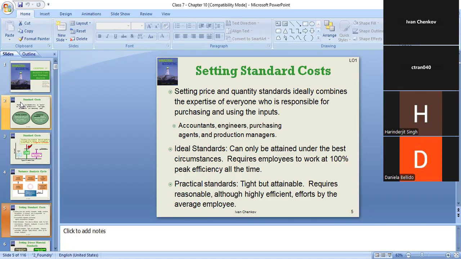Okay. So is it possible for us to work at 100% peak efficiency to achieve the ideal standards? No, clearly not. For me, it depends on the weather. Okay. What kind of job do you do? I'm an Amazon delivery driver. Oh, okay. Yeah, that's tough.